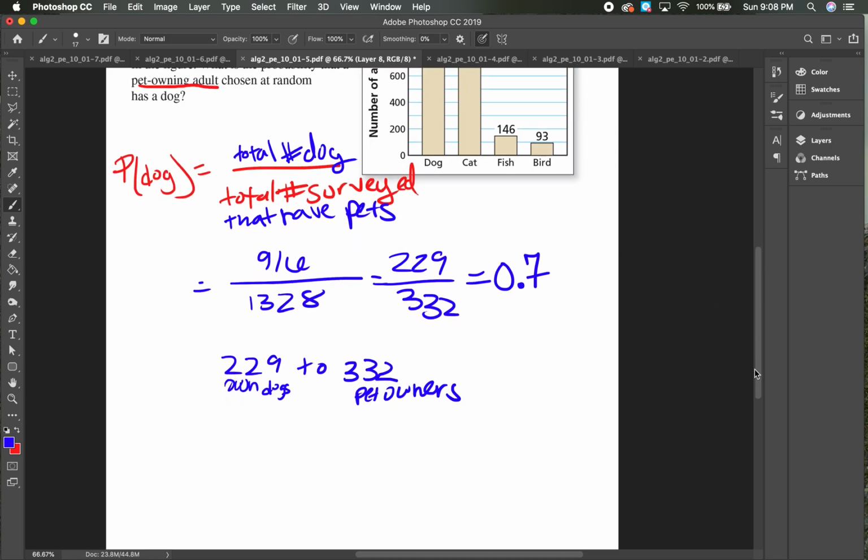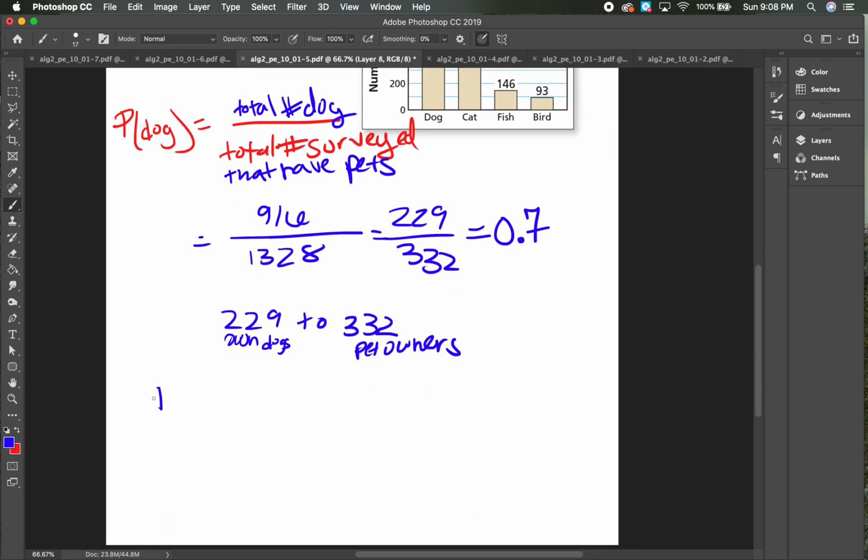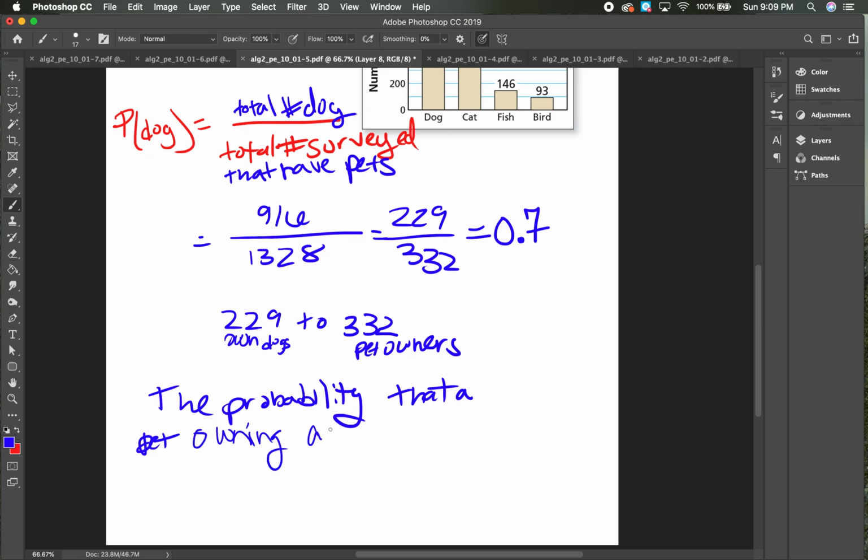Okay, so we can say that the probability that a pet owning adult has a dog is 70%.